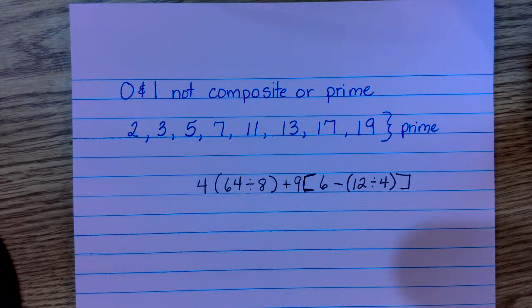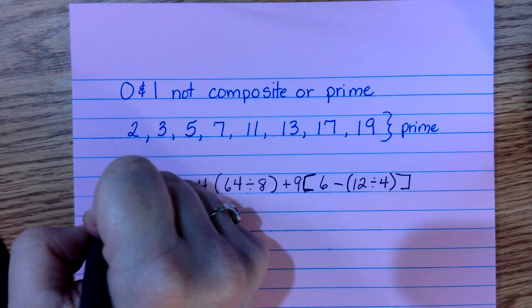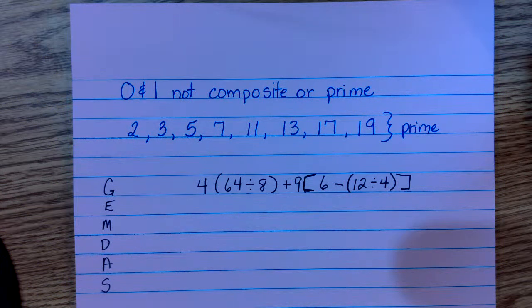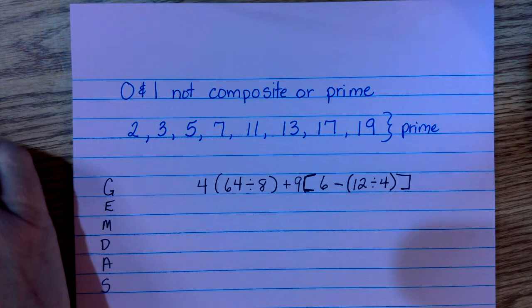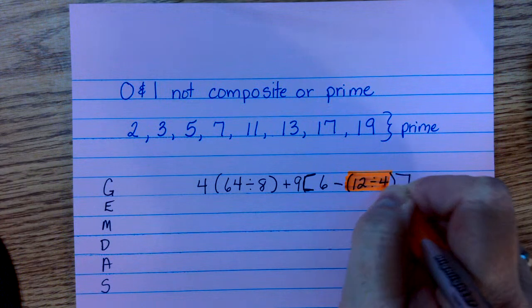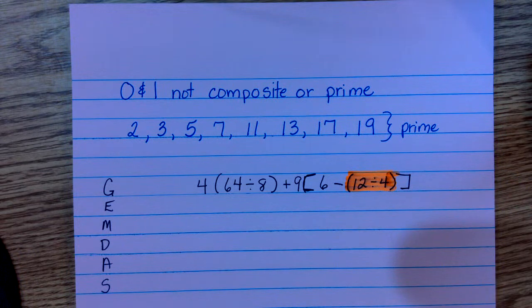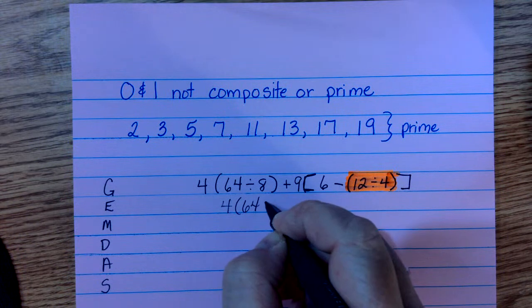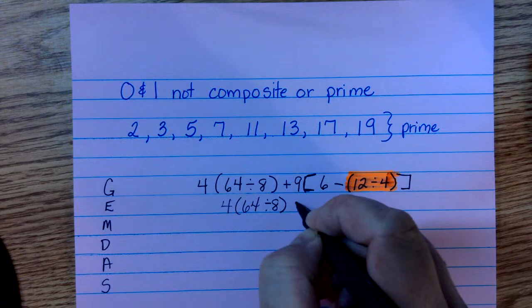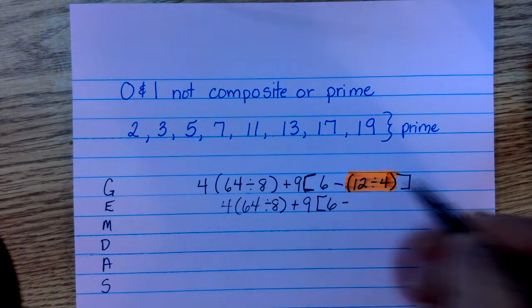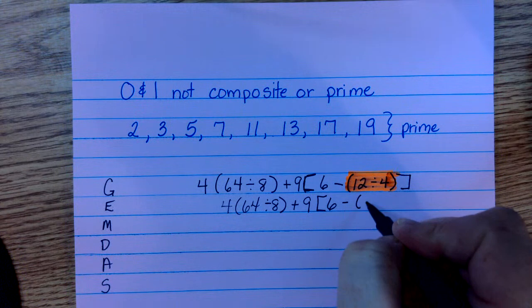All right, so again, GEMDAS, I'm going to go down the side. We start with our groupings and we work from the inside out. So we start with our parentheses and we're going to start inside the brackets and work our way outwards. So we're going to start with 12 divided by 4. That leaves us with 4 times, parenthesis, 64 divided by 8, plus 9, bracket, times 6 minus, well, 12 divided by 4 is 3.